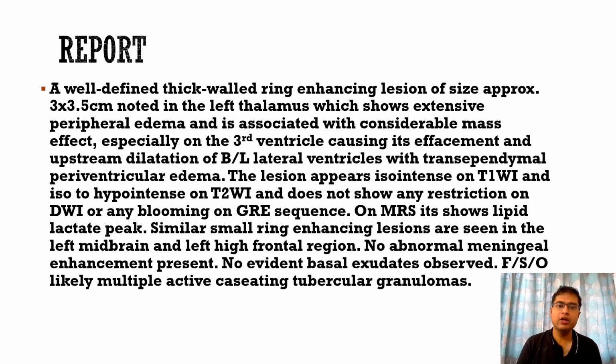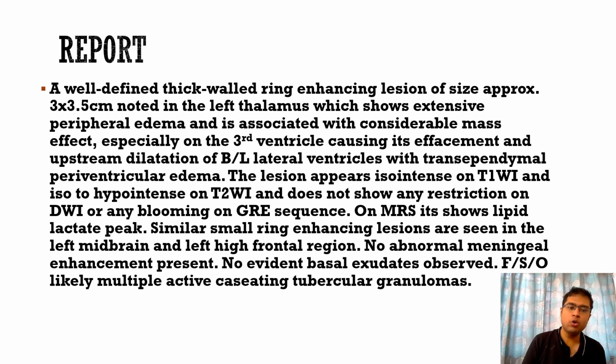A well-defined thick-walled ring-enhancing lesion in the left thalamus with extensive edema associated with considerable mass effect, especially on the third ventricle, causing its effacement and upstream dilatation of bilateral lateral ventricles with transependymal periventricular edema. The lesion appears isointense on T1 and iso to hypointense on T2 and does not show any restriction on DWI or blooming on GRE sequence.